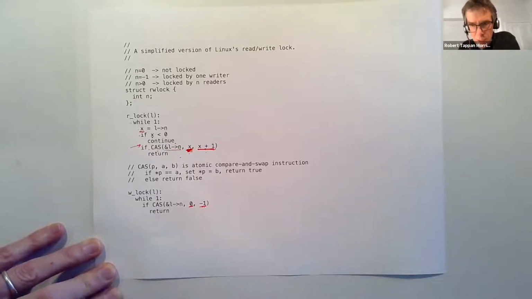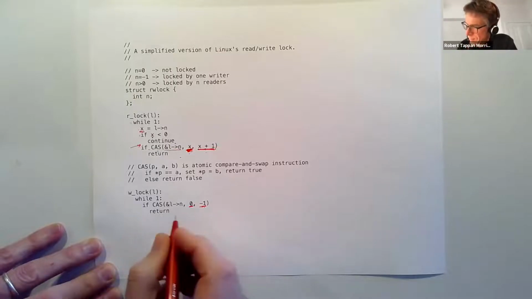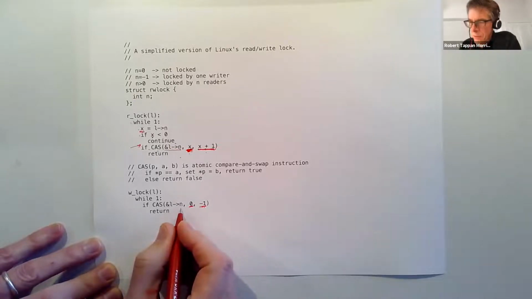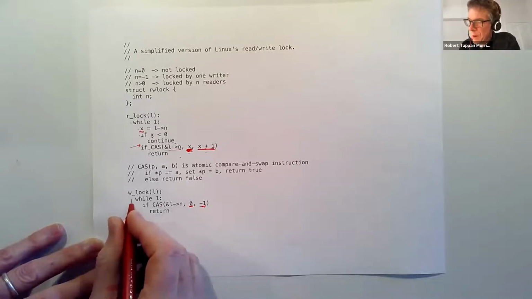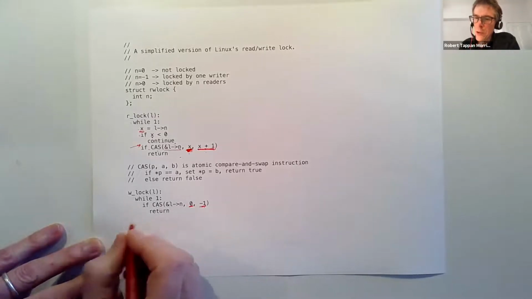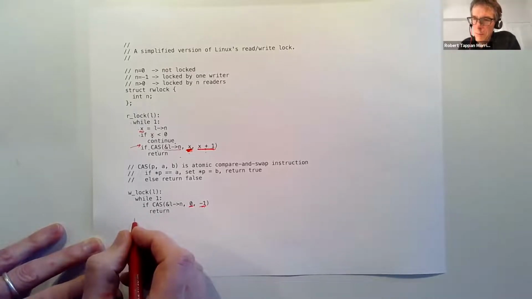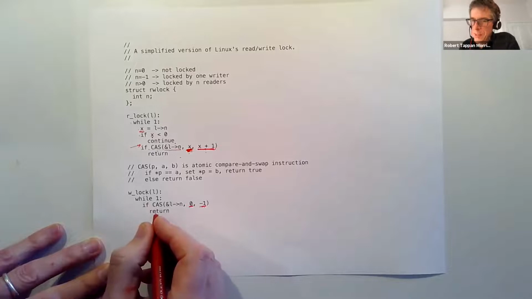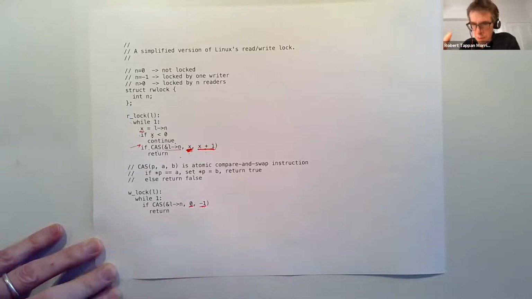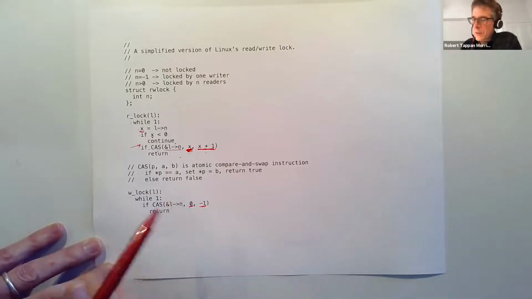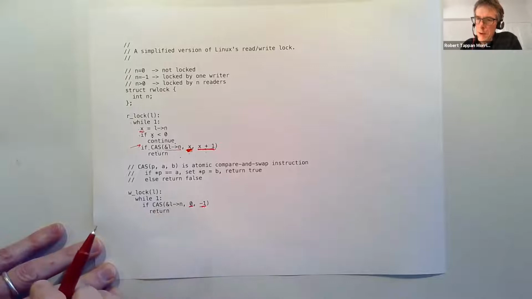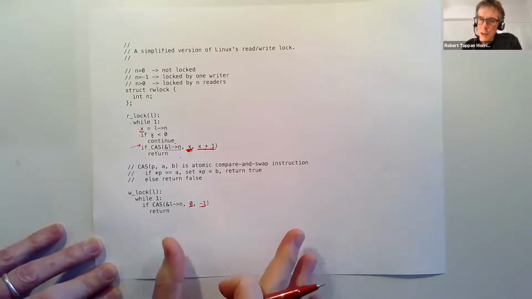But because there are multiple readers, the current value of n is not 0, and so the compare and swap will fail and return 0, and the writer will sit in this loop, basically waiting until n is equal to 0 before its compare and swap will succeed and give the lock to the writer. So this certainly means the writer can be starved. If there are a lot of readers, n may never be 0, and so the write may never succeed.